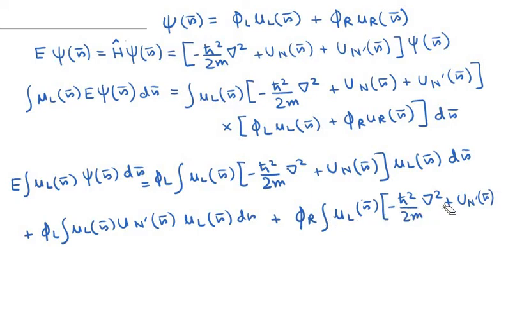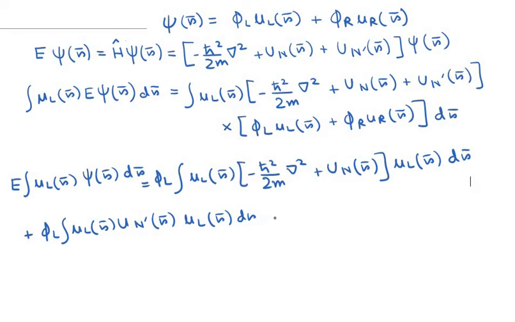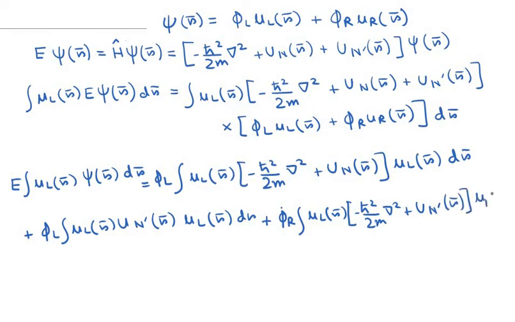Let me write in a smaller font, plus phi r integral of ul r, minus h bar square by 2m delta square plus un dash r, then u r r dr. Okay, this is the Hamiltonian of the right isolated atom.